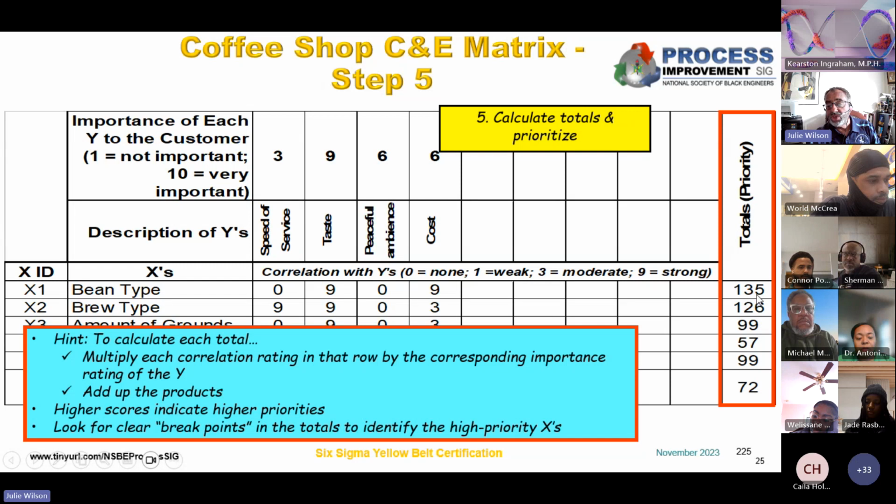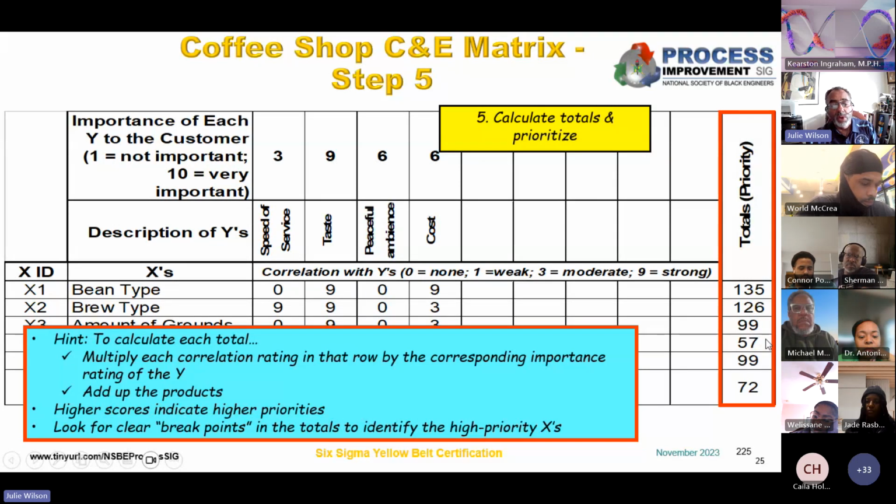So obviously, if you have 2 that are fairly close in score to each other, bean type and brew type, for example, then you would leave both of those in play. And you may even say that the amount of grounds and the water temperature are also significant enough that you want to leave those in contention for being significant impactors. But you'll say this has a score of 57. That's quite a ways removed from 135 or 126.